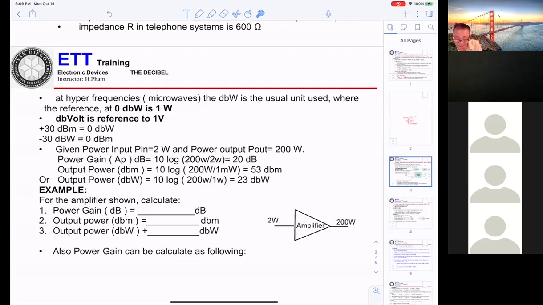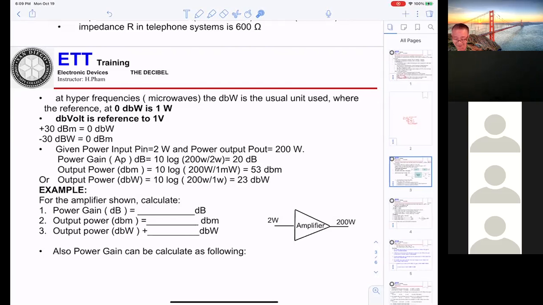Given the power input of 2 watt and the power output of 200 watt, the power gain will be equal to 10 log of 200 divided by 2 watt. That's what you get, 20 dB.